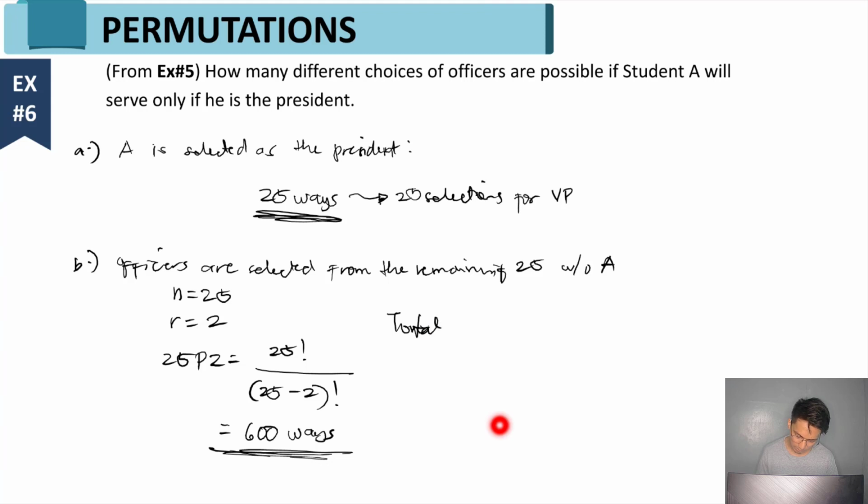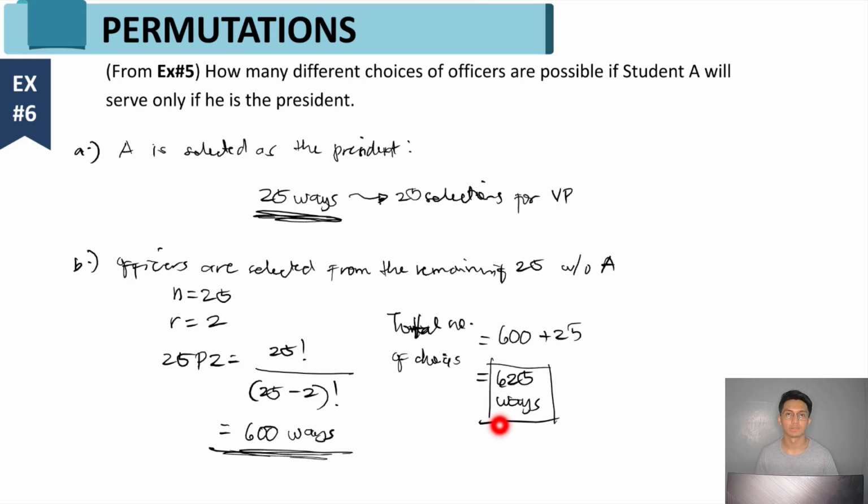Total number of choices is equal to 600, yung wala si A, yung tinanggal siya, plus 25 na si A yung magiging president. So, ang sagot natin is 625 ways or selections. So, that's example number 6.